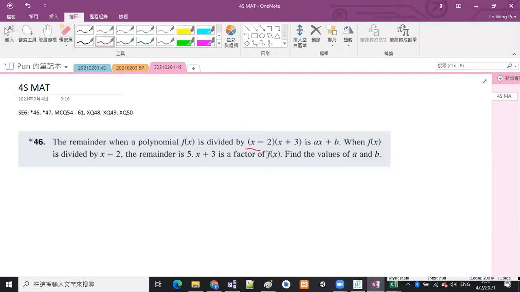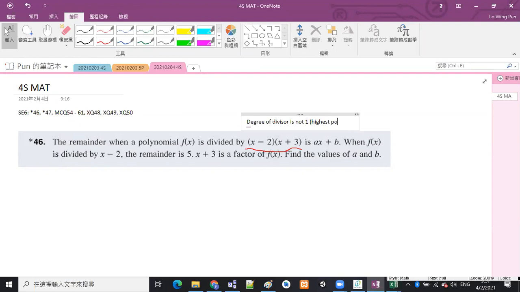This divisor is not a linear polynomial. I mean, the divisor is not degree 1. What makes this question a little bit special is that the degree of the divisor is not 1, which means the highest power of x is not 1.